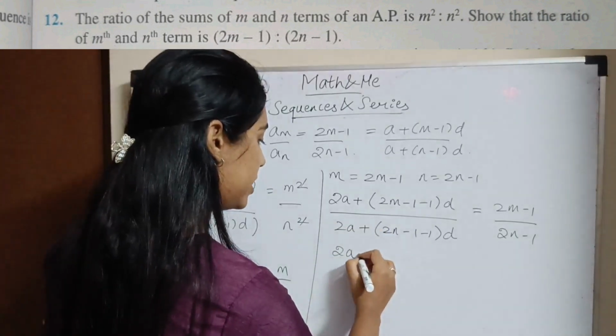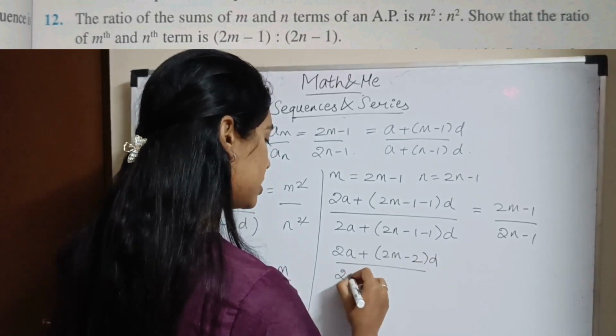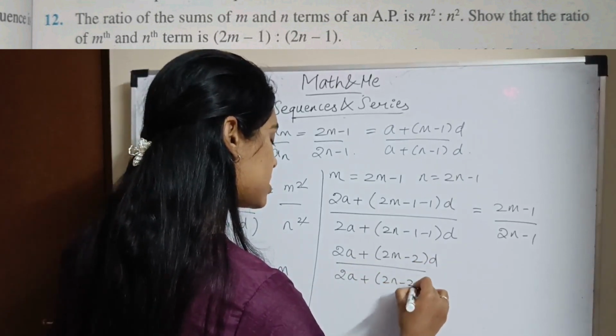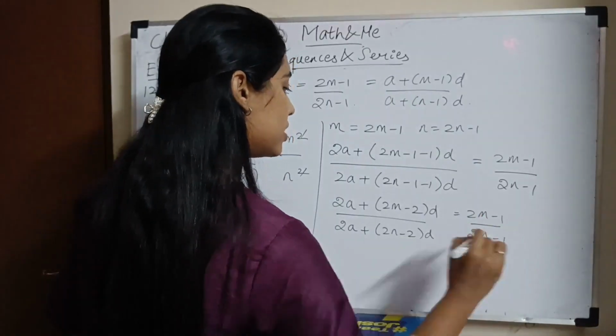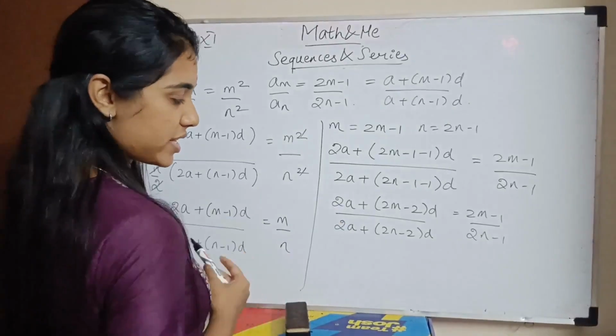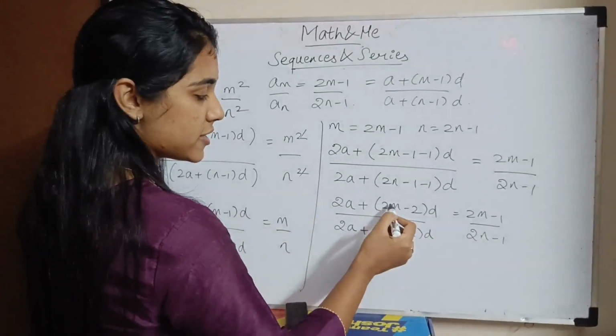I have 2a plus 2m minus 2 times d divided by 2a plus 2n minus 2 times d equals 2m minus 1 divided by 2n minus 1. So when I take 2 outside, this 2 goes off. I take a 2 outside of this, so this 2 goes off.